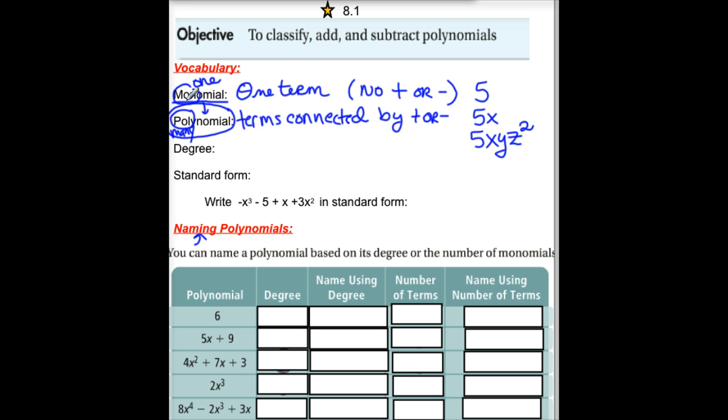So like me saying, oh, I'm thinking of a human, that does not help you. But that's like me saying, oh, I'm thinking of a polynomial. Well, okay, narrow it down for me. So we are going to do a little classifying and naming them and giving some special names to some of our polynomials that pop up the most in mathematics.